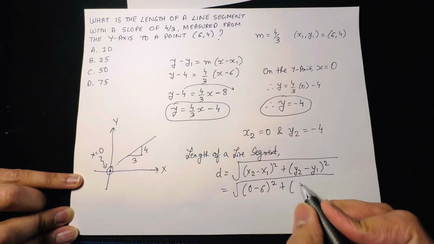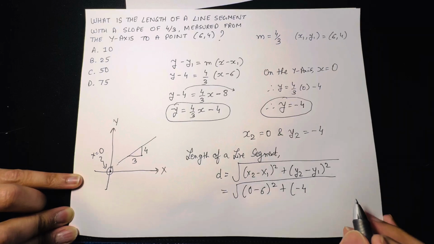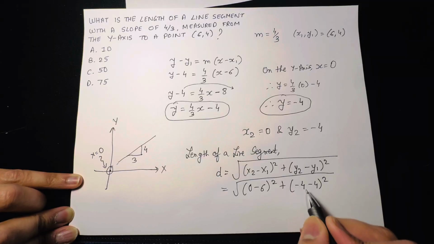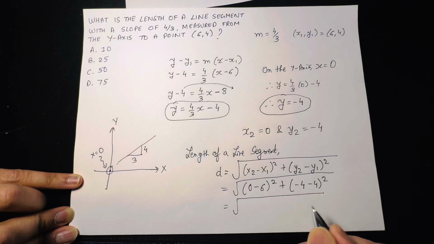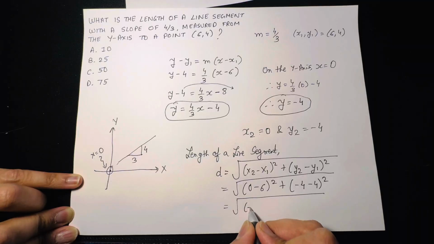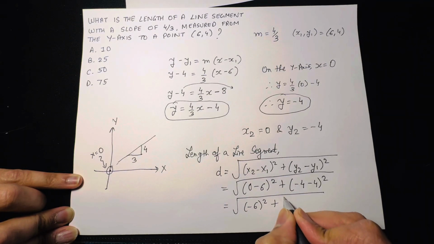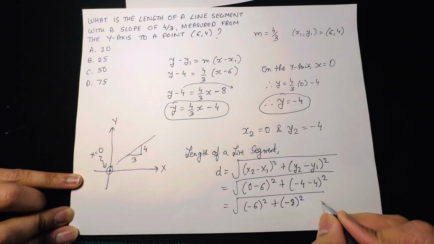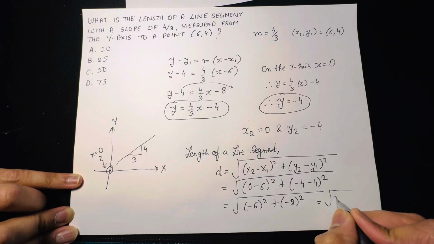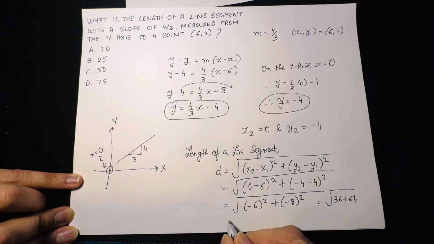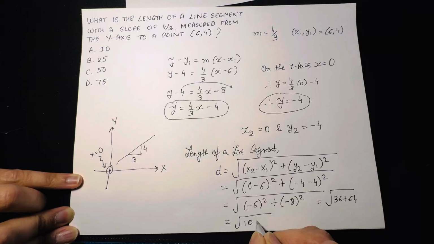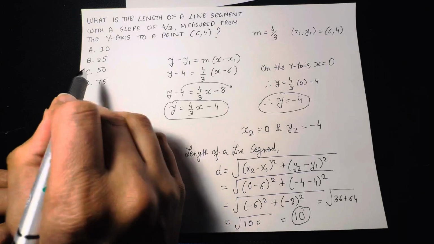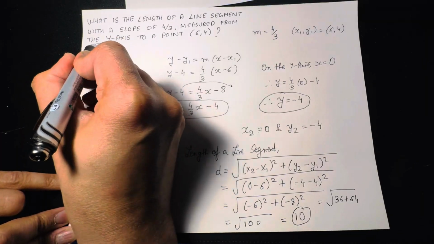Plus y2, which is negative 4, minus y1, which we had from the question, which is 4. Please make sure of the signs, otherwise your answer will not be accurate. So here you get (negative 6) squared plus (negative 8) squared. This is 36 plus 64, which is equal to the square root of 100, which equals 10. So your answer is 10.